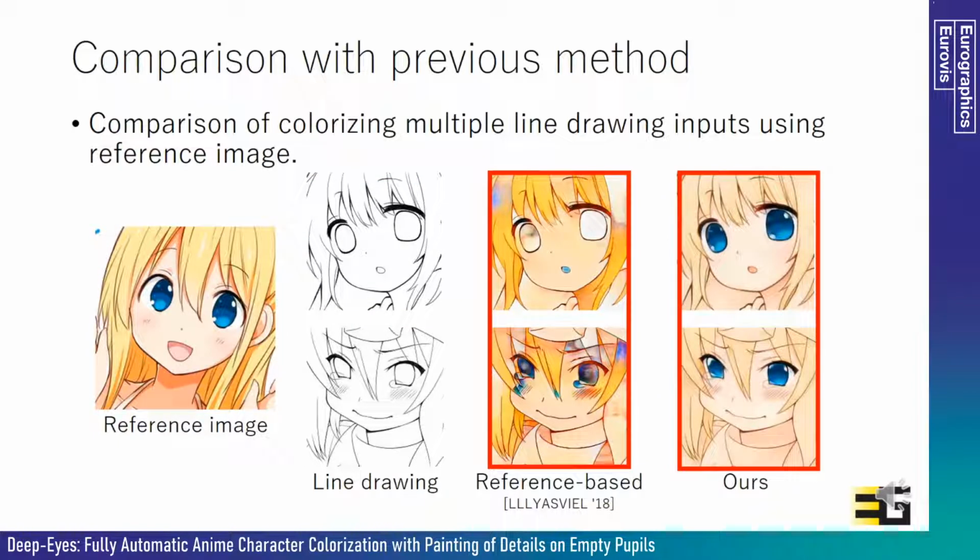Our method on the right shows higher reproducibility of reference colors than the previous method second from the right, when coloring multiple input line drawings using one reference image. And previous methods can't paint pupil details in empty pupils, but our method can.